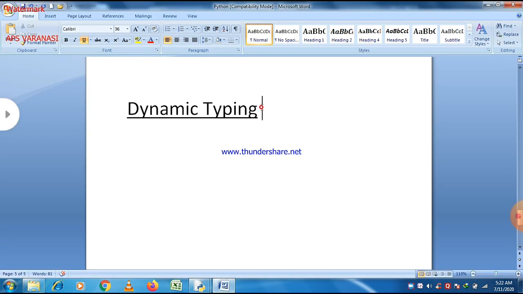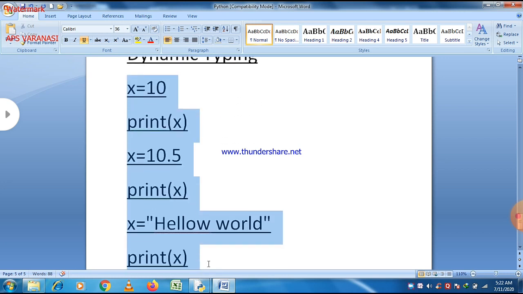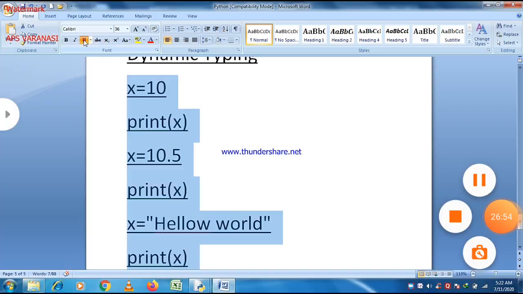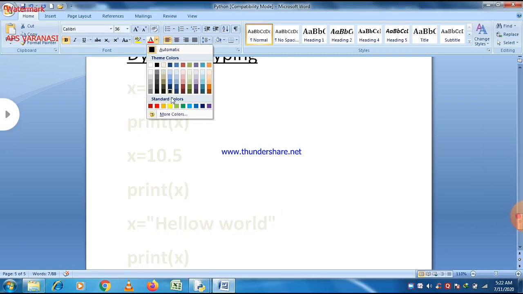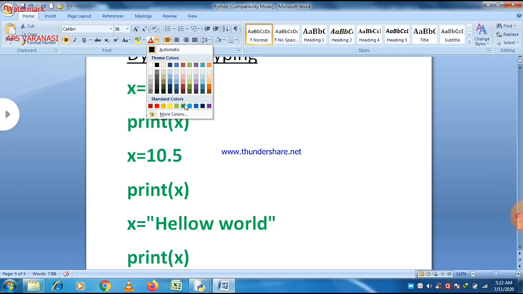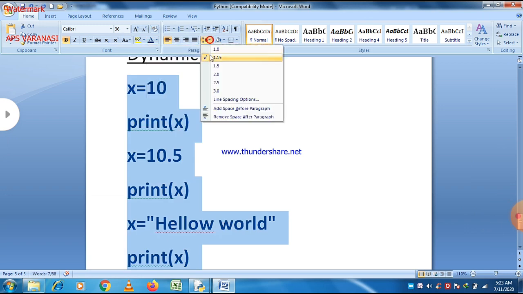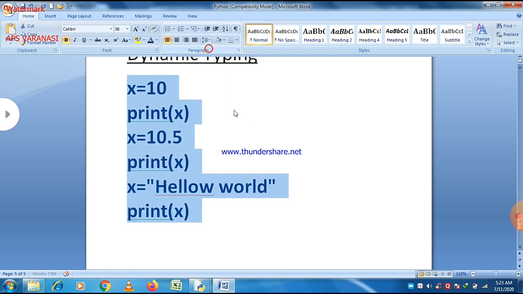Now let us revise it again. These are the different values provided to x. x is equal to 10, print x, x is equal to 10.5, print x, x is equal to hello world, print x.